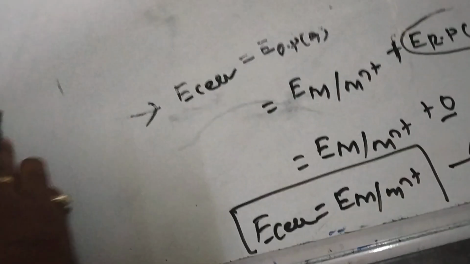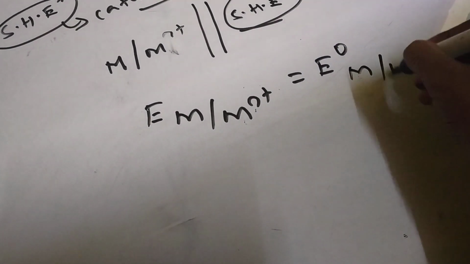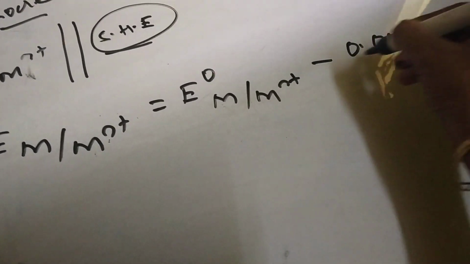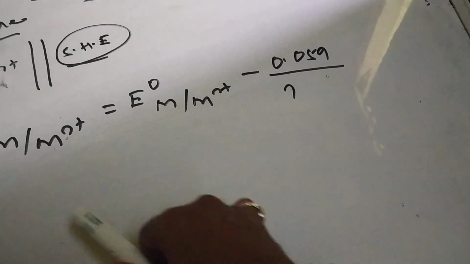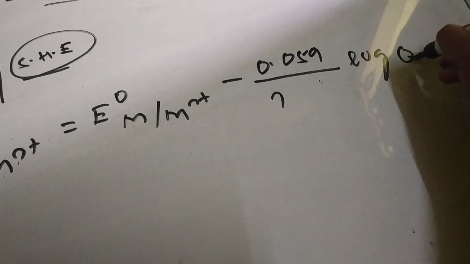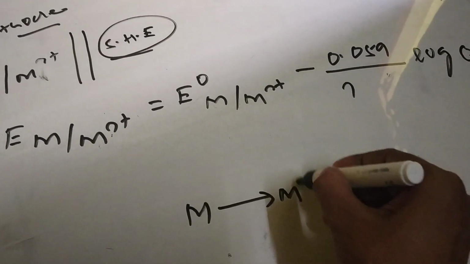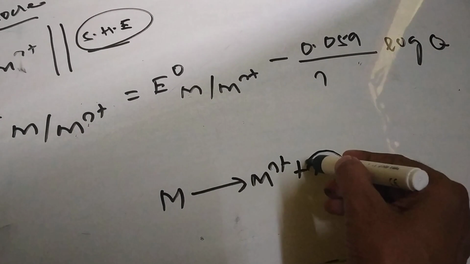I can write E of M to Mn+ is equal to E naught of M to Mn+ minus 0.059 by n into log Q, because here the number of electrons in the oxidation part is n.